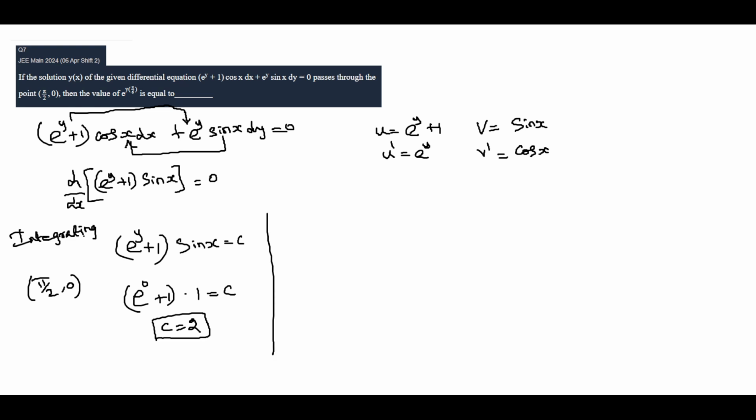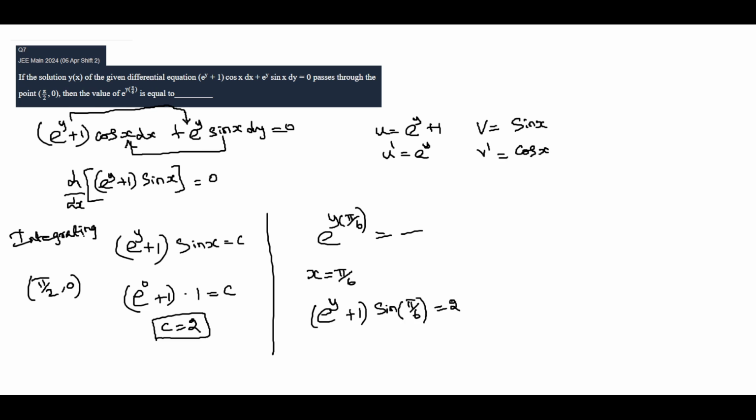Now what we need is e power y at x equal to pi by 6. Which is equal to what? So x equal to pi by 6 means e power y plus 1 equals sin pi by 6.